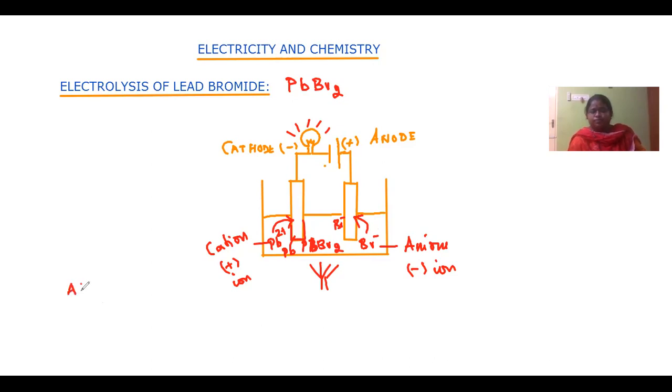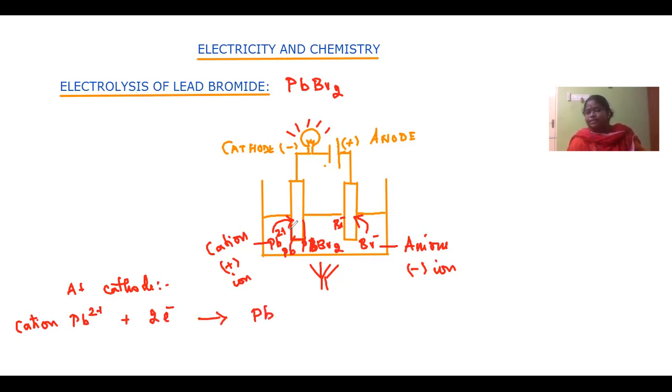So what is happening, children, at the cathode? The cation moves towards it. That means the cation is what? Pb2+. The cation moves towards the cathode. What is happening there? There it gains electrons. It gains 2 electrons, so that you get Pb, lead.